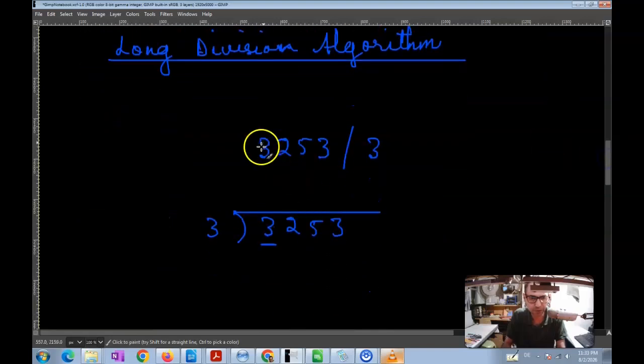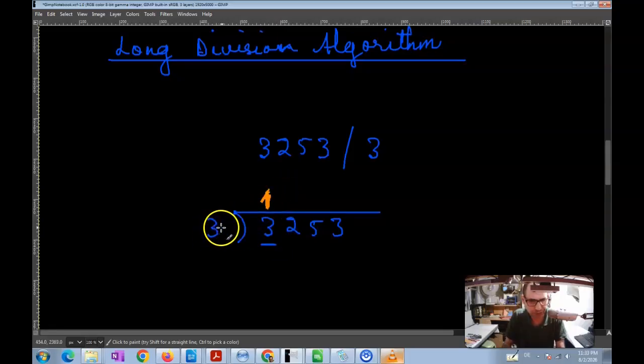The exact same thing we can do over here, but in the long division algorithm, what people usually say internally, or what they think, is: 3 goes into 3 one time, and this number 1 you're supposed to write right on top of the 3 over here, right?